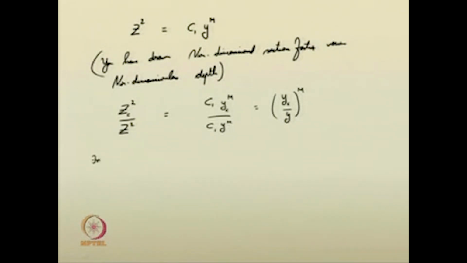From module 2, you had been taught about the conveyance factor, which was defined as K squared.